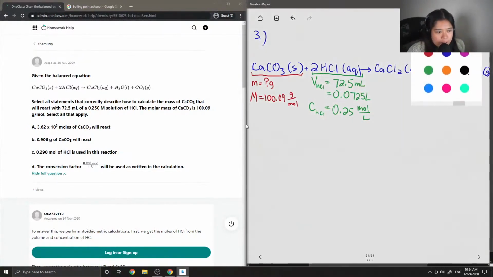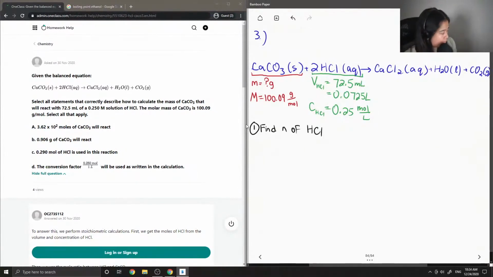So the first step is to find the moles of HCl that was added. Let's recall that the number of moles will be equal to the volume of the solution times the concentration.